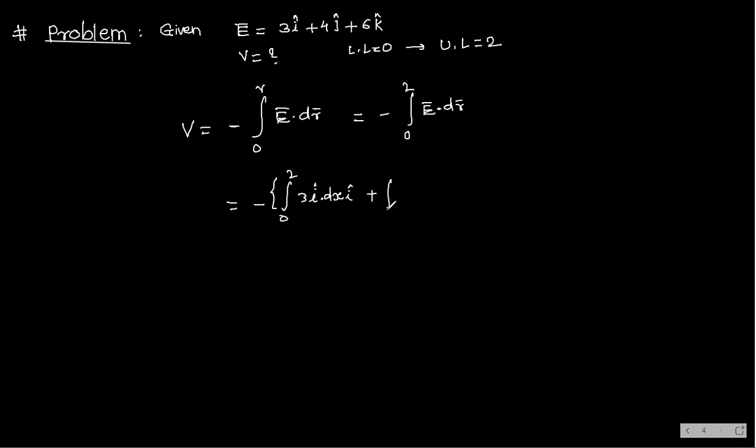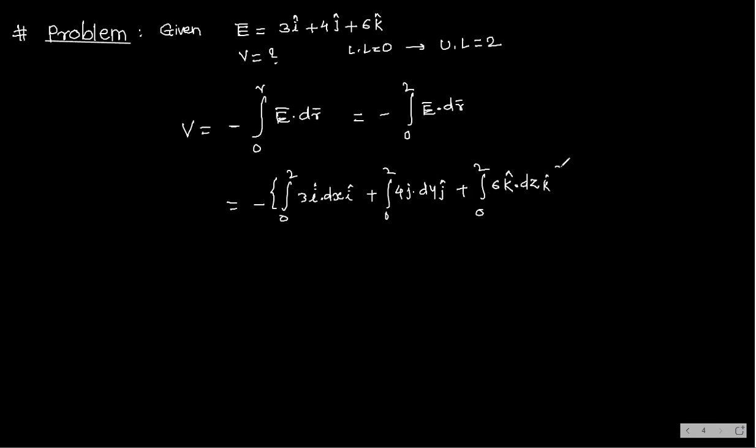Here also 0 to 2, 4 j cap dot dy j cap, plus, 0 to 2, 6 k cap dot dz k cap.